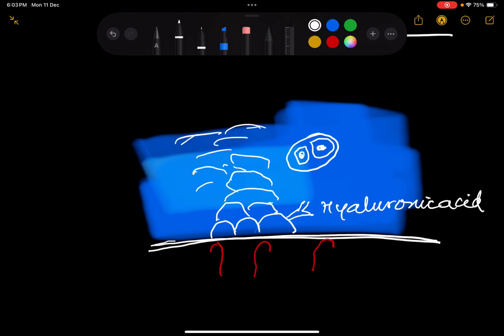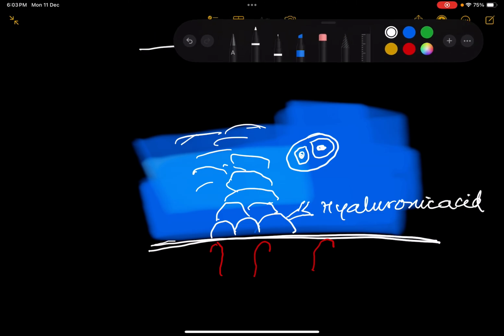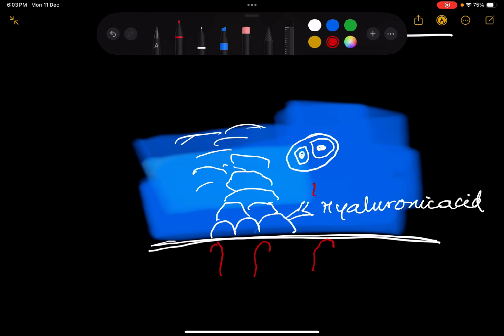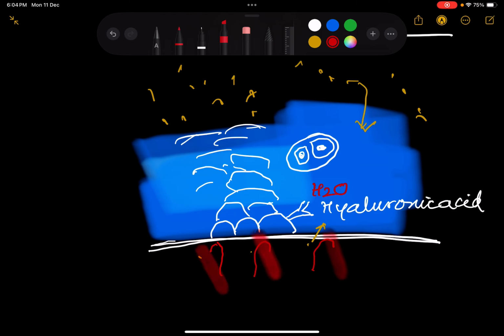Now what happens is that this hyaluronic acid binds with H2O, and this cartilage gets supplied by the synovial fluid, which is here like this, and by diffusion across this zone from these blood vessels. There are blood vessels which turn into small sinuses, blood sinuses. So they receive nutrition by this, and that enlivens the chondroblast.